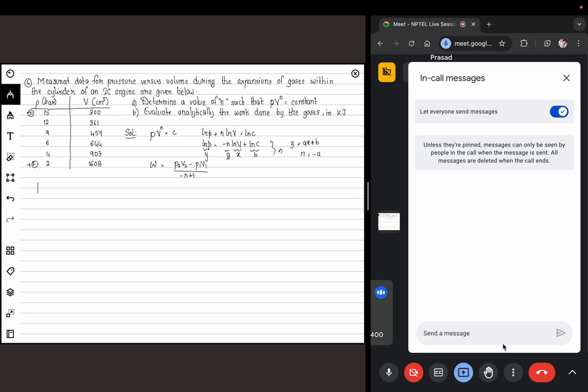So all I will do is, you have PV and I am calculating ln P and ln V. So I am just writing y is ln P and x as ln V. So from this particular data that I have given, I'm just copying that down. So y is given as ln P, and x as ln V, with ln to the base e.